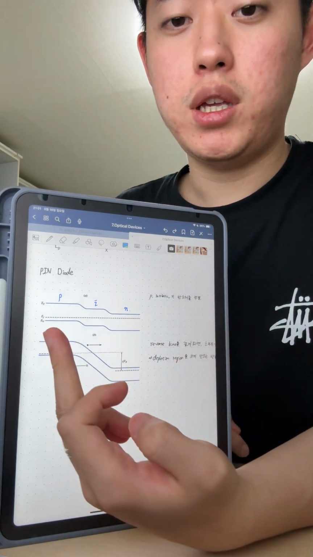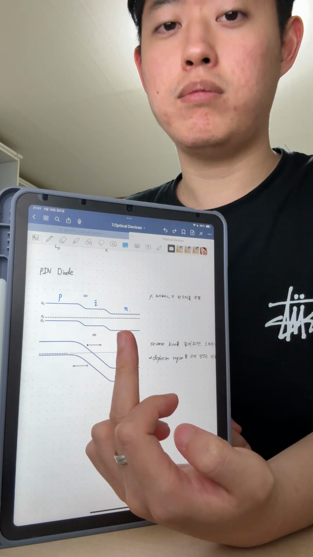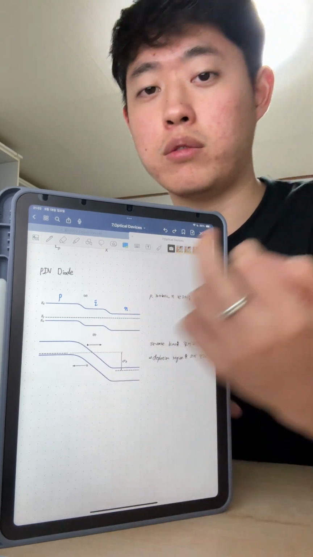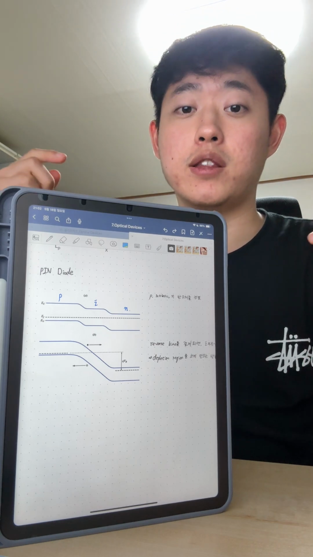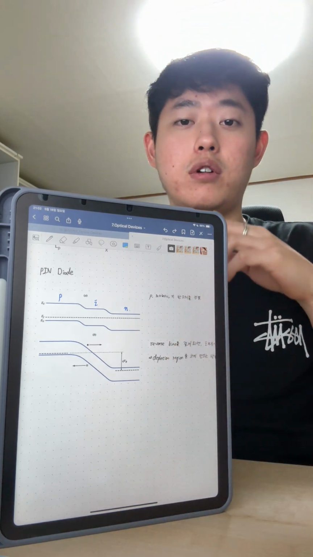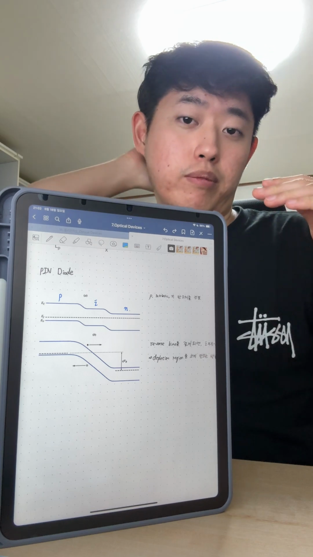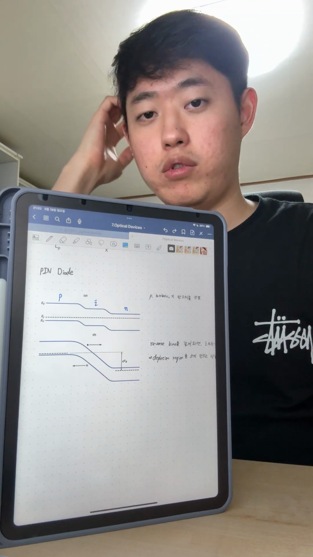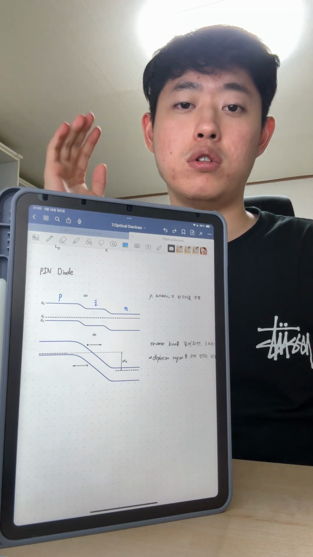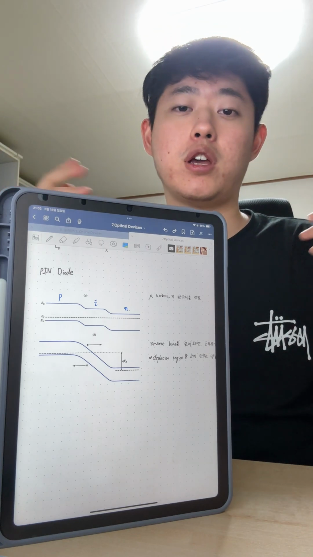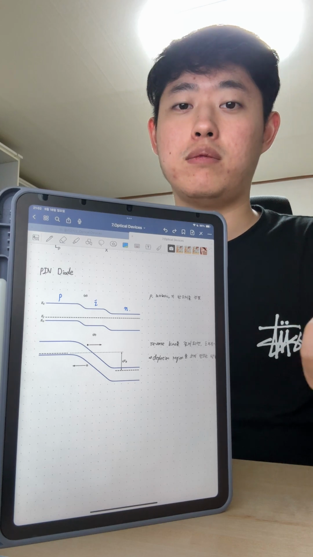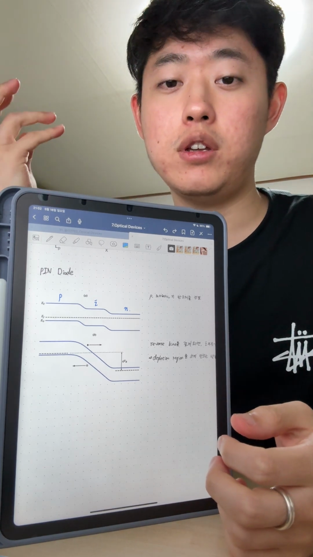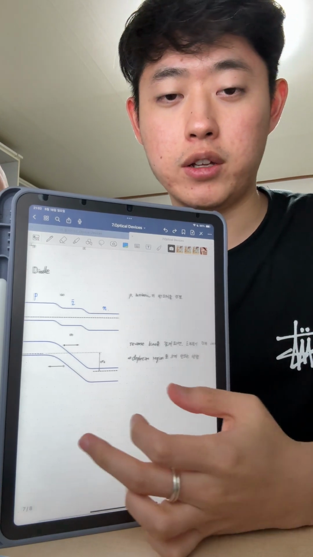So this is the P, intrinsic, and N semiconductor. When reverse bias is on the PIN diode, the intrinsic area becomes a depletion region, so we can make a larger depletion region, and we can make a more efficient photodiode.